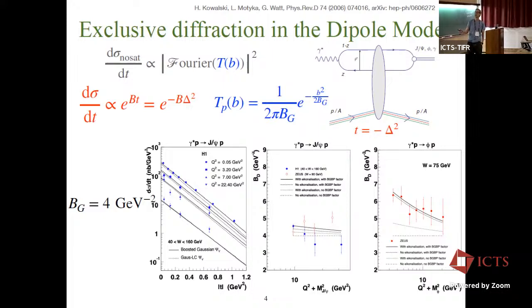That means that it's a Gaussian in delta. And the Fourier transform of a Gaussian is a Gaussian. So that means that our proton is a Gaussian in impact parameter space. Very nice. We got it. It has a width of about 4, maybe a bit more than 4, inverse GeV squared.